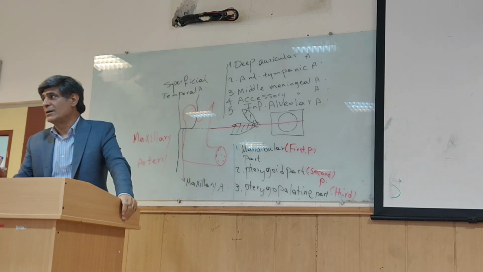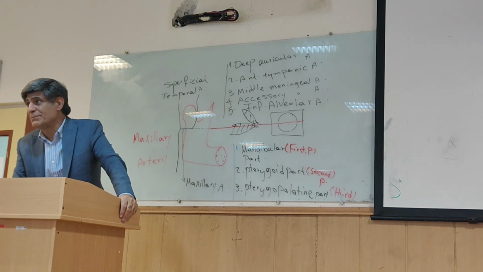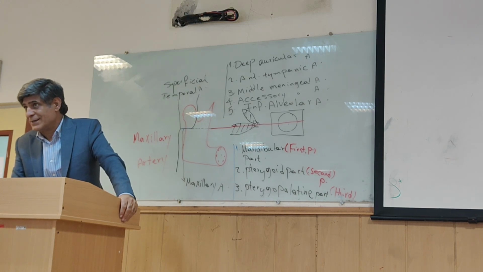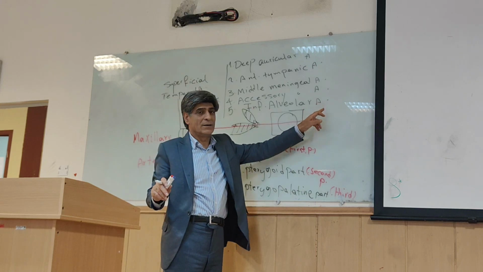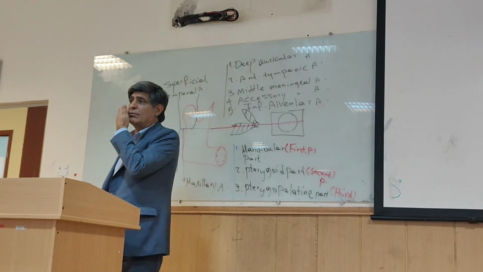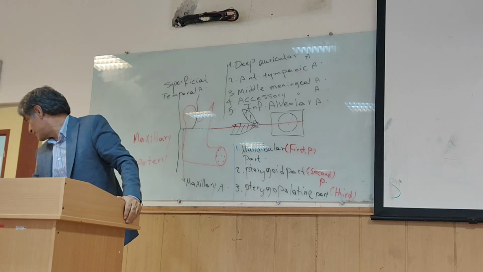The middle meningeal passes through the foramen spinosum, enters the middle cranial fossa, and supplies the meninges, the dura mater. The accessory meningeal and inferior alveolar arteries supply the inferior jaw.